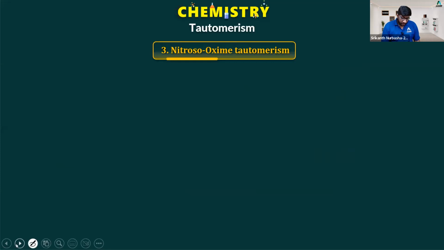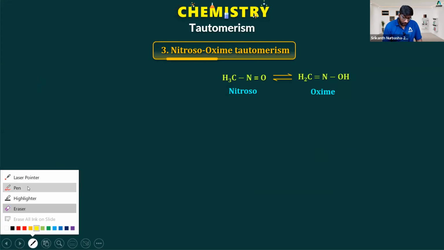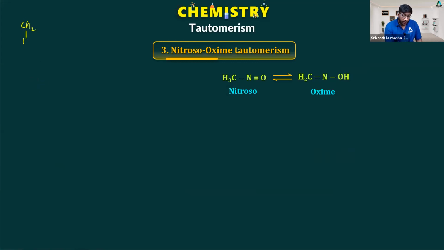Nitroso-oxime tautomerism. Nitroso-oxime, CH3 N double bond O, CH2 NOH, same scenario, CH2H. If you look at the resonating structures, CH2H N double bond O, the base will try to pick up the proton. So the base picks up the proton, loss of BH group. The CH electron density is given to carbon. You form CH2 minus N double bond O. The negative charge on carbon comes into N double bond O, the pi electron density moves away.